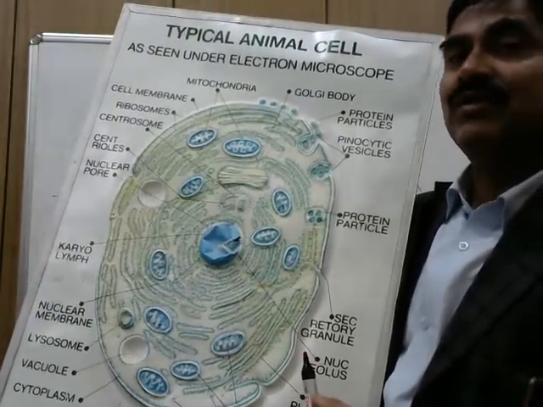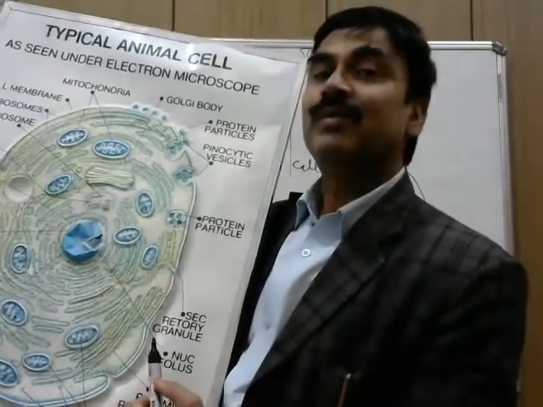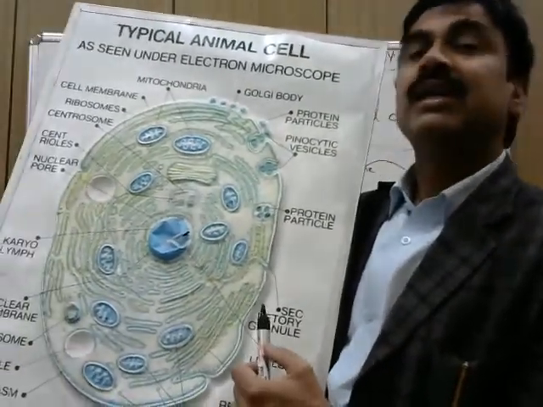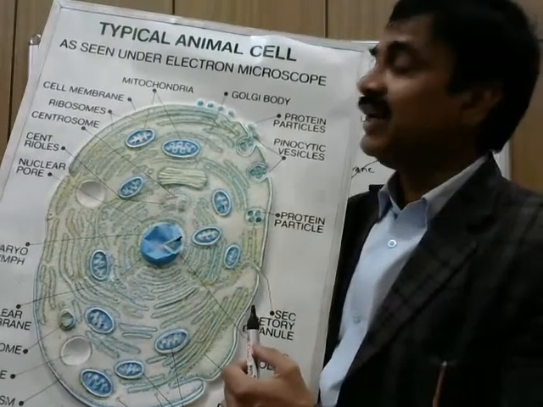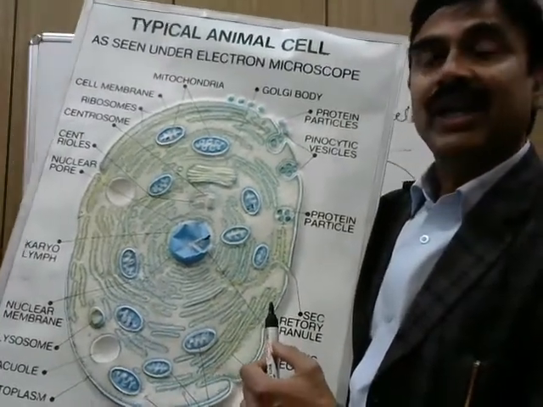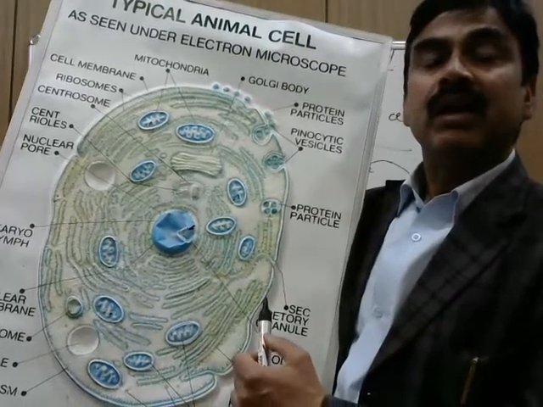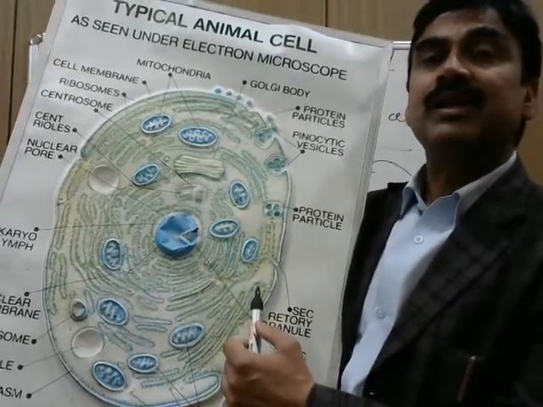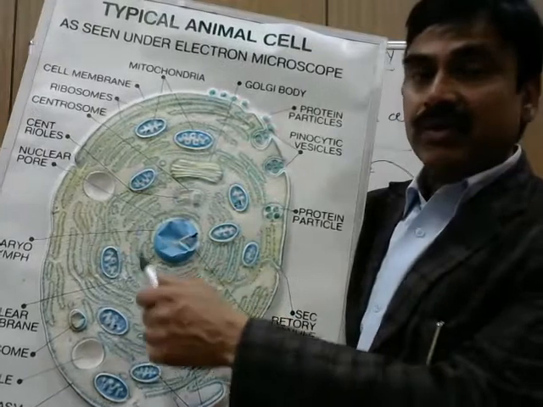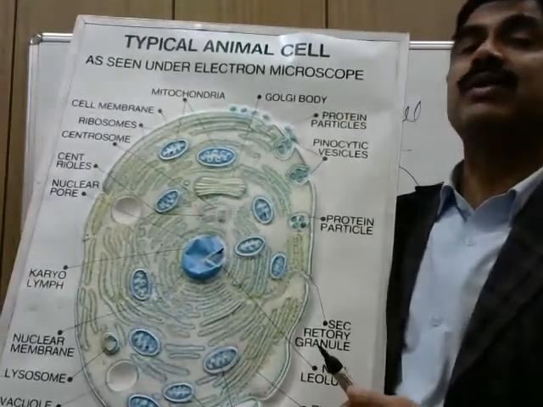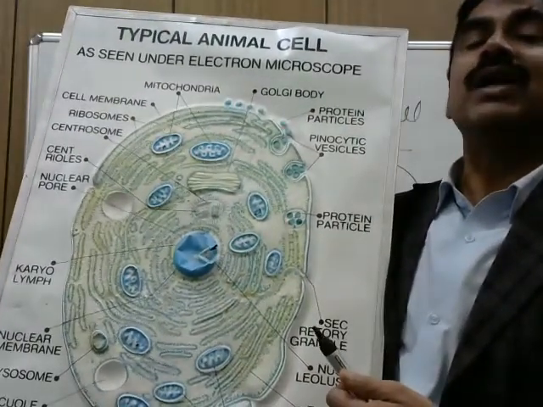Rough endoplasmic reticulum is responsible for production of protein, because it is synthesizing the protein. Rough endoplasmic reticulum consists of ribosomes, and the function of ribosome is production of protein.